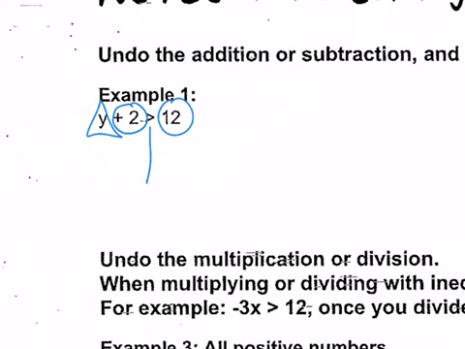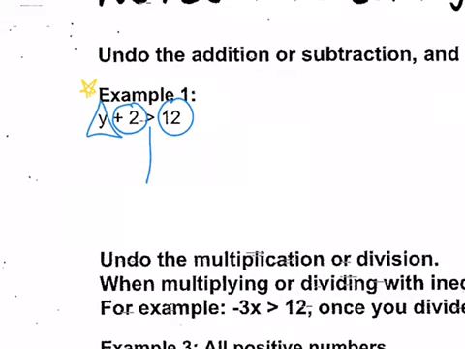So for the time being, just to solve it, pretend like that greater than sign is an equal sign. And so we still want to start the same way we would start an equation. I want to start on the side that has more stuff on it because my whole goal is to get this by itself. And I can't start over here because then there would be nothing left. I have to keep these things balanced.